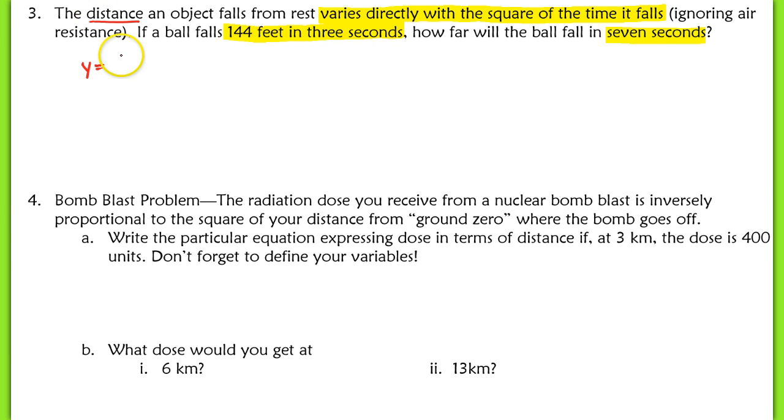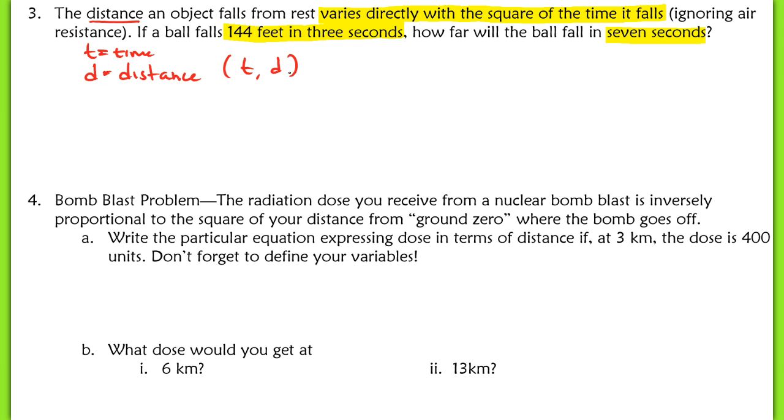You can obviously label y equals distance and x equals time in this case, but I'm going to use d and t just so you get used to seeing some stuff. When you start dealing with your homework questions, I think it's easier if you just call the variable whatever it's supposed to represent. So d equals distance and t equals time, and we have the coordinate t comma d.